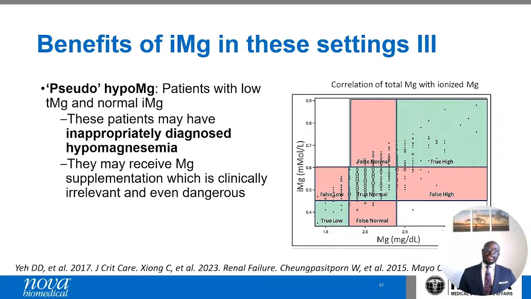And because of that, they may receive magnesium supplementation, which is not necessary, and it may even be dangerous to them. So it has economic impact on the hospital or the healthcare system that's administering this treatment, but also clinical effects, clinical outcomes that can be negative in this case, where patients receive magnesium supplementation that's not needed, and they may actually go into magnesium toxicity or hypermagnesemia.